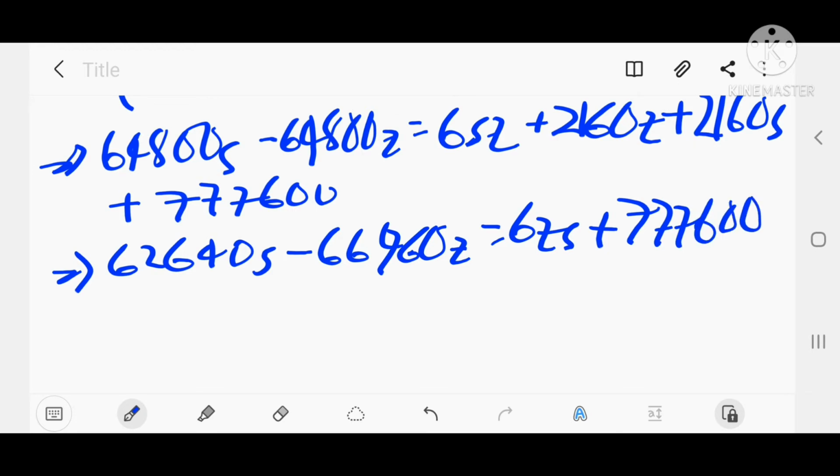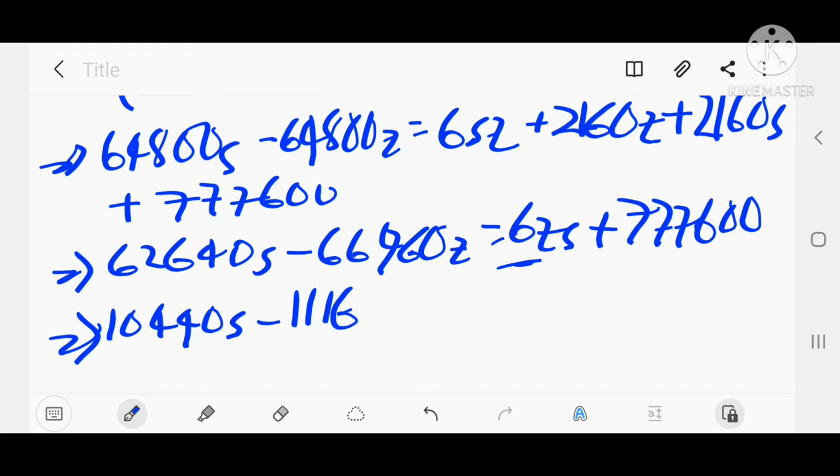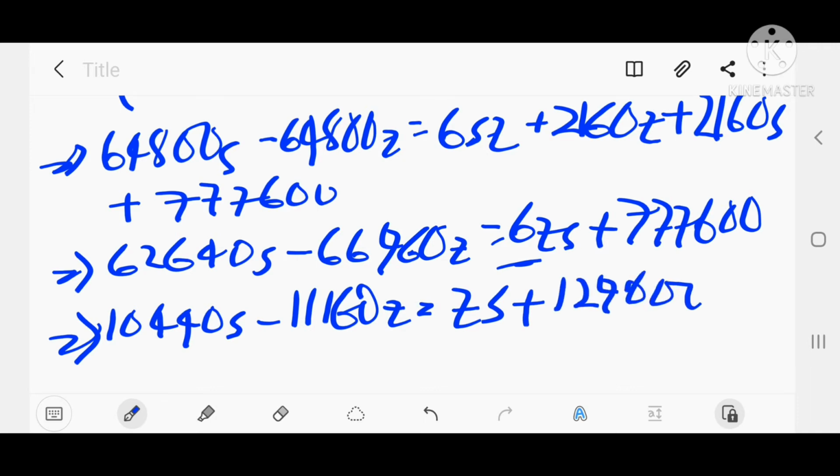Dividing through by 6, this implies that 10440s minus 11160z equals zs plus 1296000.